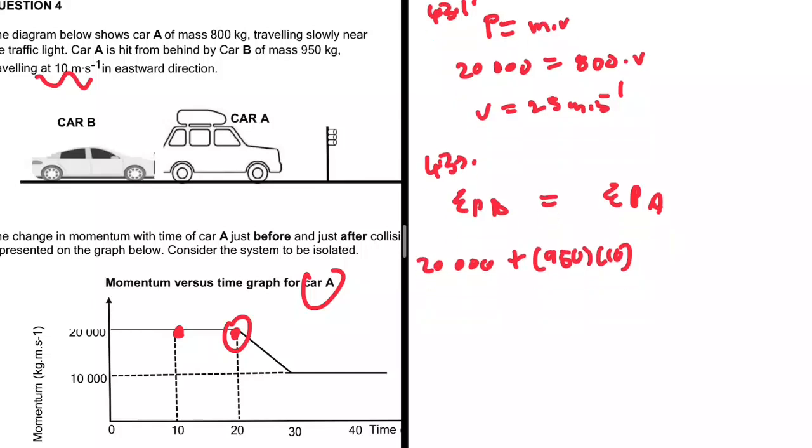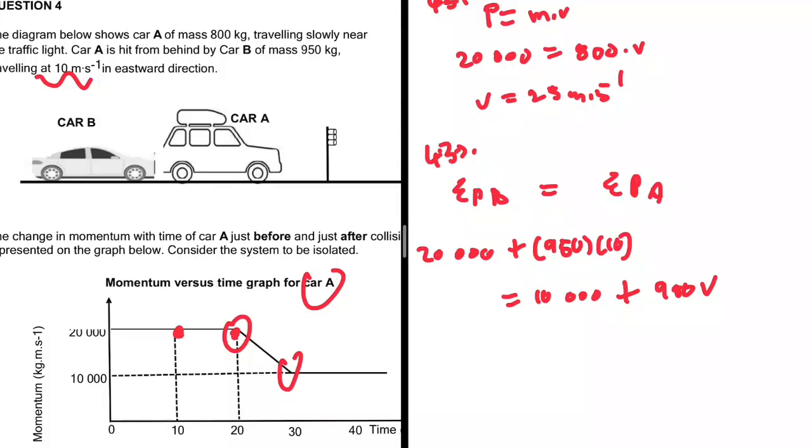This is equal to the momentum after. The momentum after of car A is 10,000, which we can clearly see from the graph, plus that of car B after the collision, so 950 multiplied by V.